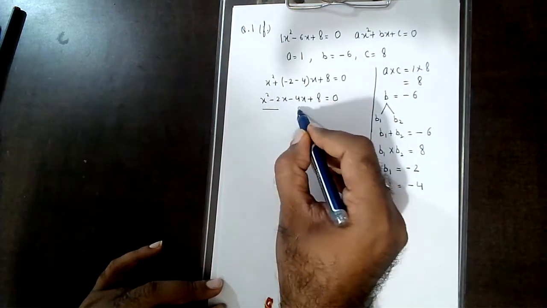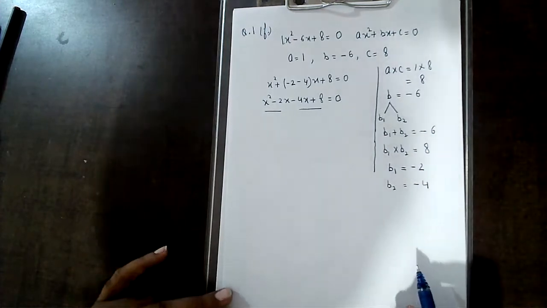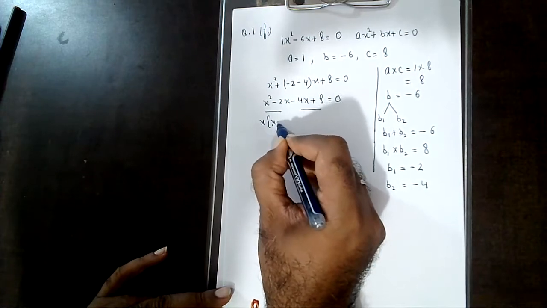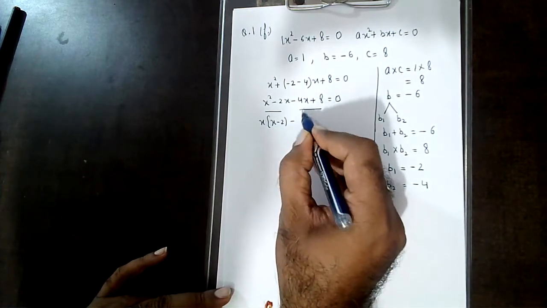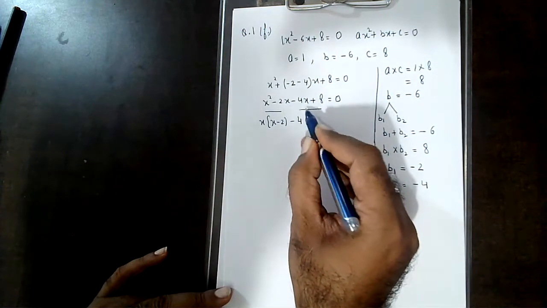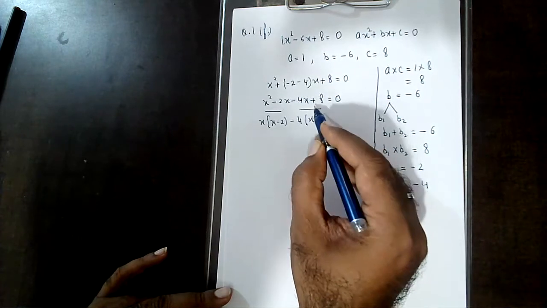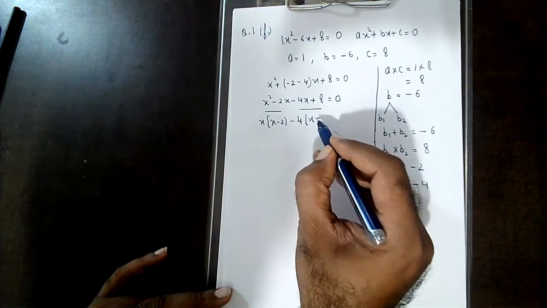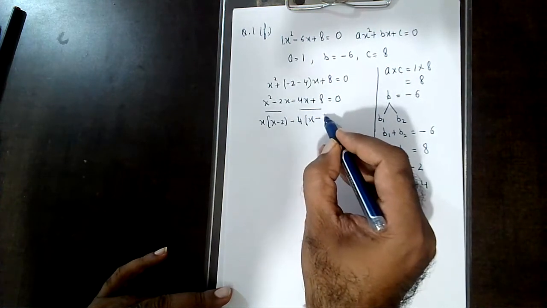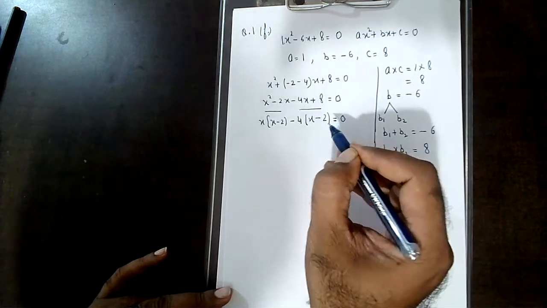Make pairs, take out the common. The common is x. x minus 2, and we are left with here minus 4. When you take out minus 4 as common, we are left with x. The plus sign changes to minus because we have taken minus as common, and 2 is equal to 0.